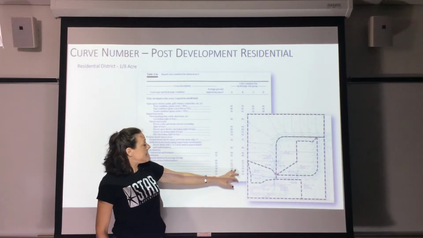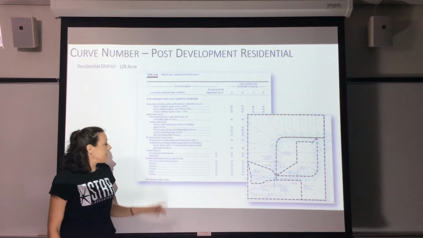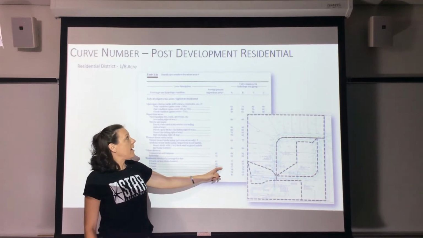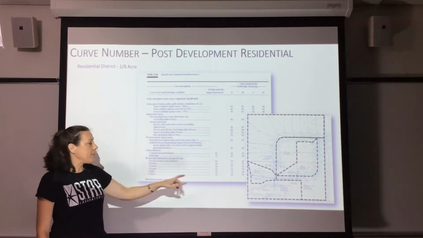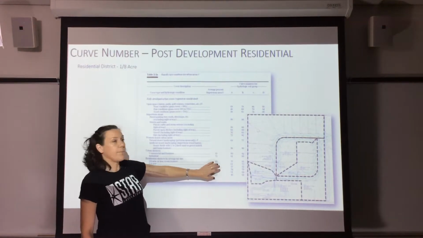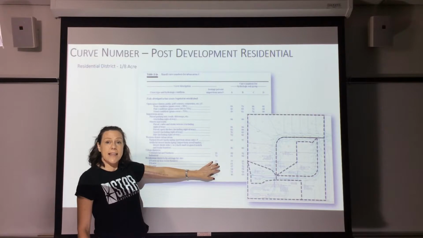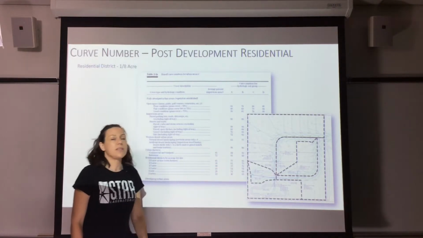We know that it's going to be type A. Now, depending on the average percent impervious, and there is a table for that, at whatever percent impervious that is, then you can use that value.